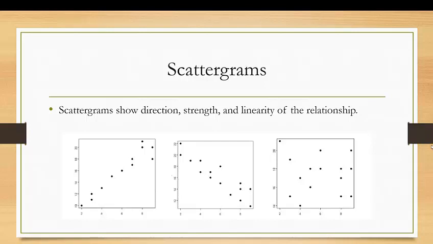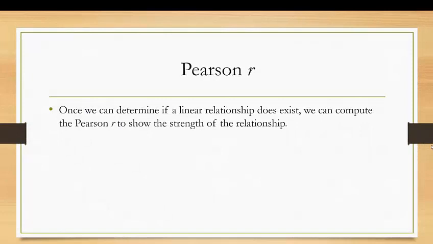So what we technically are looking for then, our coefficient is called the Pearson R. Once we determine that there is a linear relationship, then we can compute our Pearson R to show the strength of this relationship.